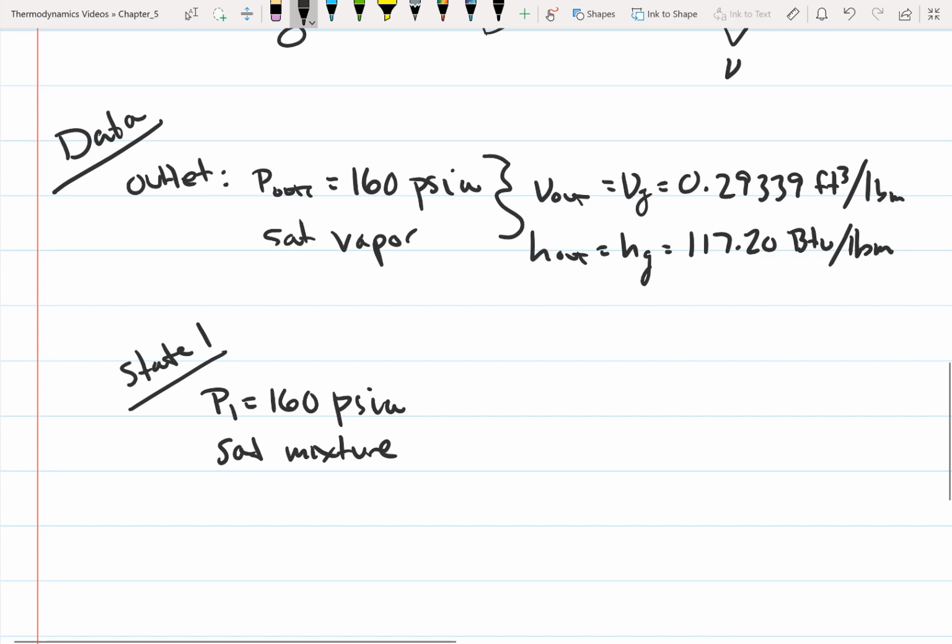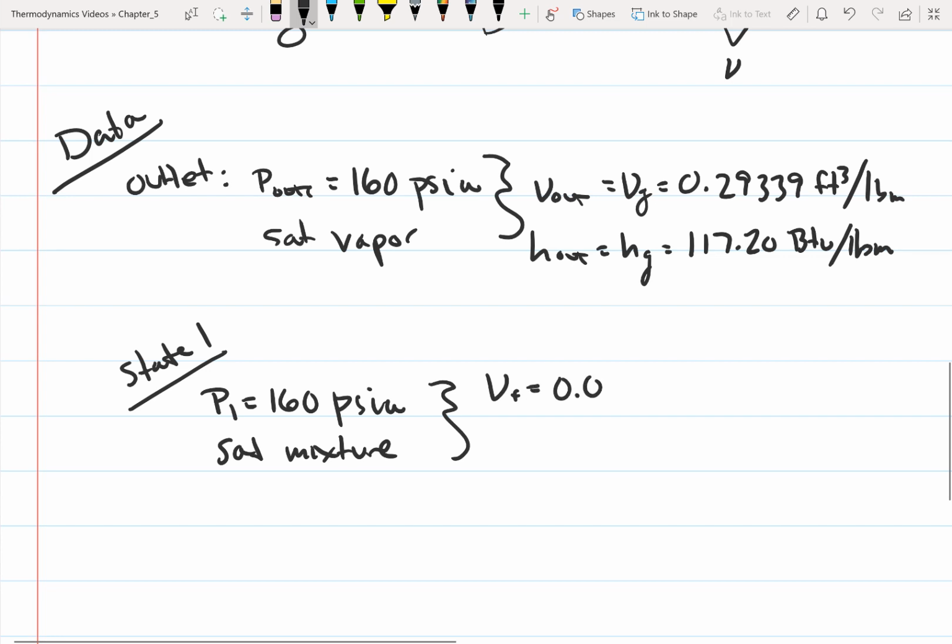What we're going to need to do is calculate the masses of the vapor and the liquid, and we're going to use the specific volumes to do that. So we need the specific volumes of the liquid and the vapor, and then we also need the internal energies of the liquid and the vapor. So I'm just going to write these down now, and then we'll work with them later.